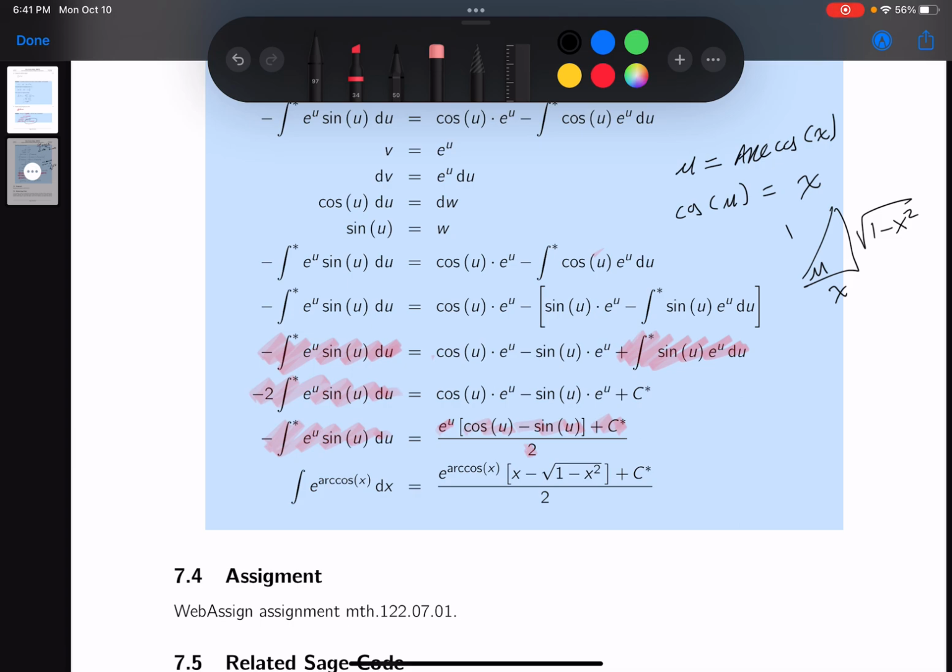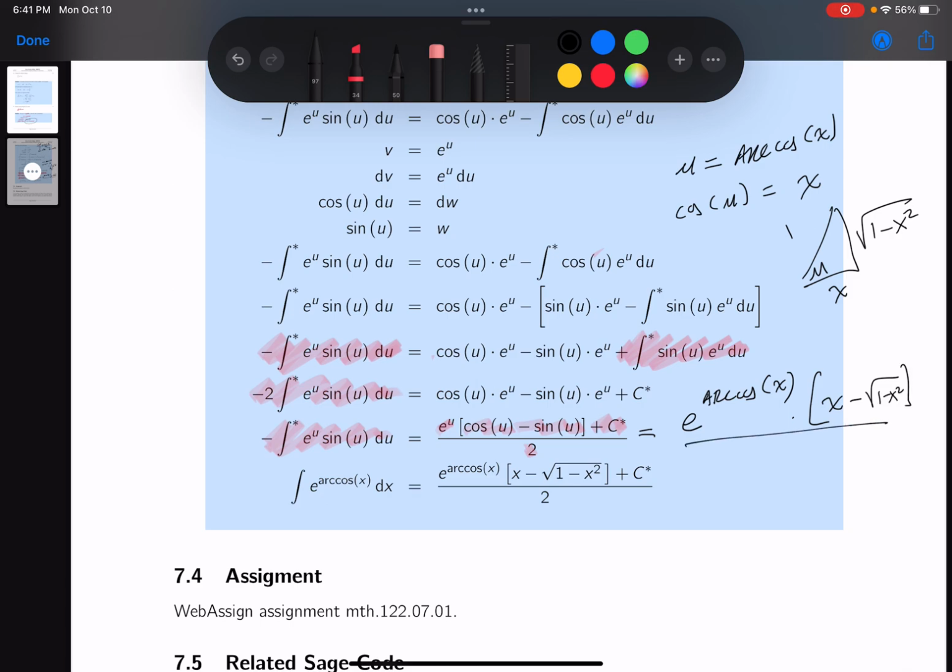Let's take a look. All right, so this over here, I'm going to write this down, e to the u. Well, u is the arc cosine of x. Cosine of u, well, that's just equal to x. Just look at the triangle, by the way. Minus the sine, well, that's going to be minus the root of 1 minus x squared.